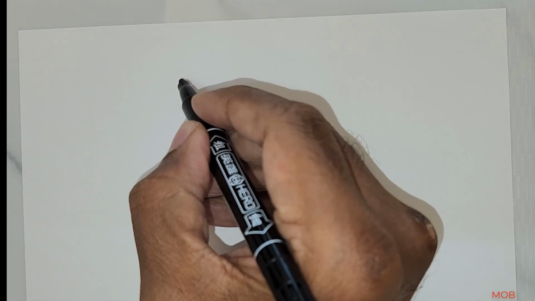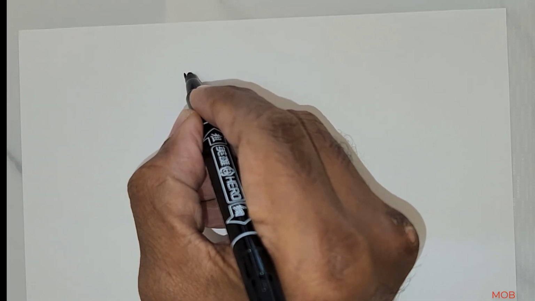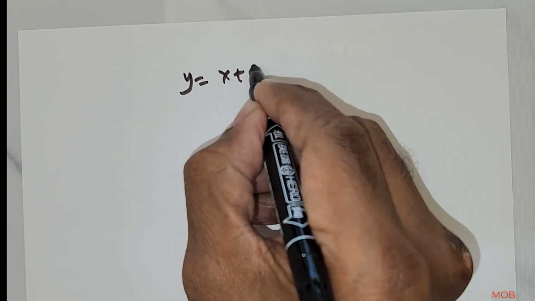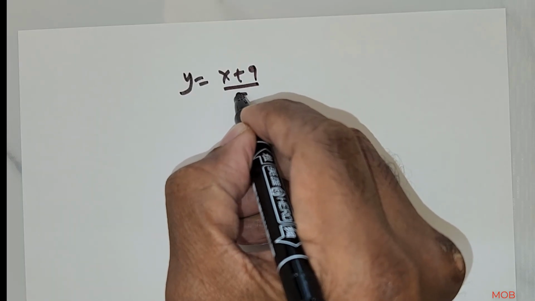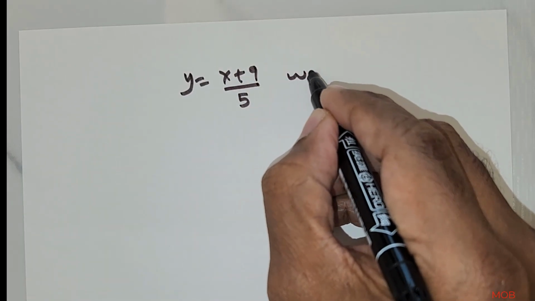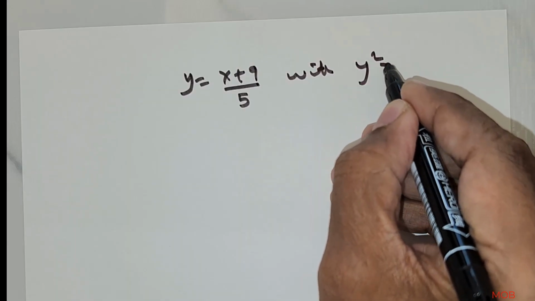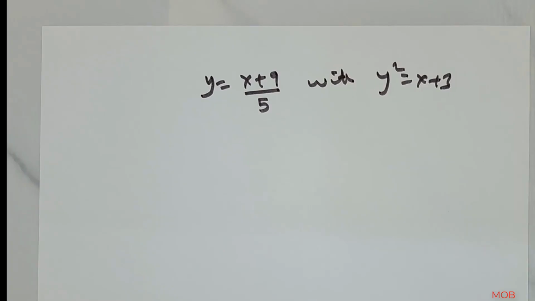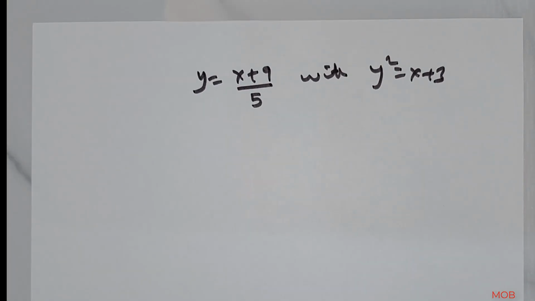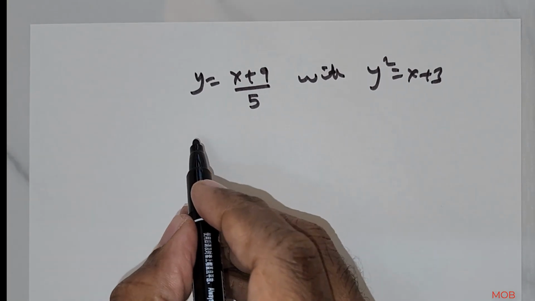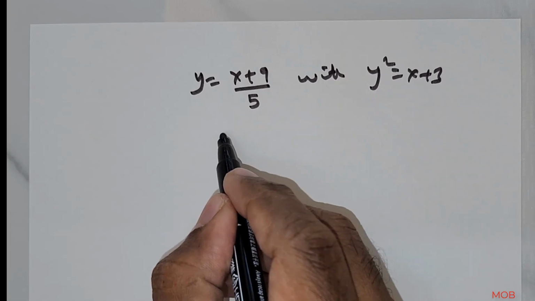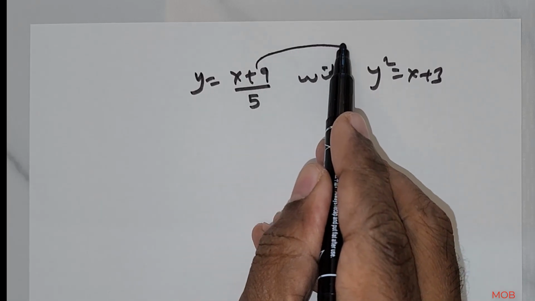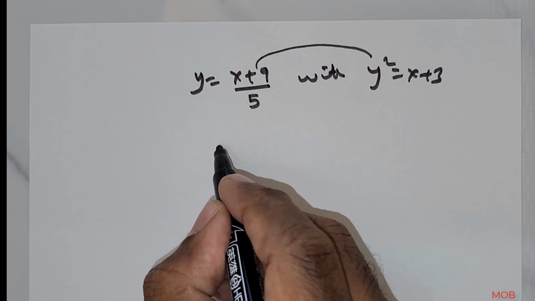We find the point of intersection between y = x + 9/5 with y² = x + 3. Okay, so that is our objective. So what I'm going to do is substitute this over here.